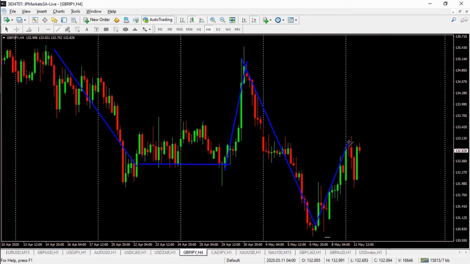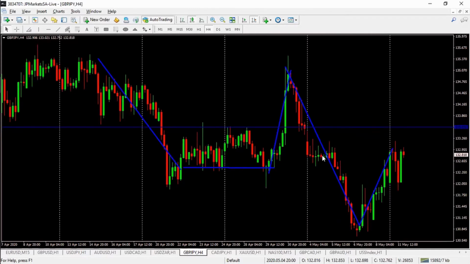Then we're looking for it to pull back to this structure of the consolidation here. And this one will determine the next move for this pair.